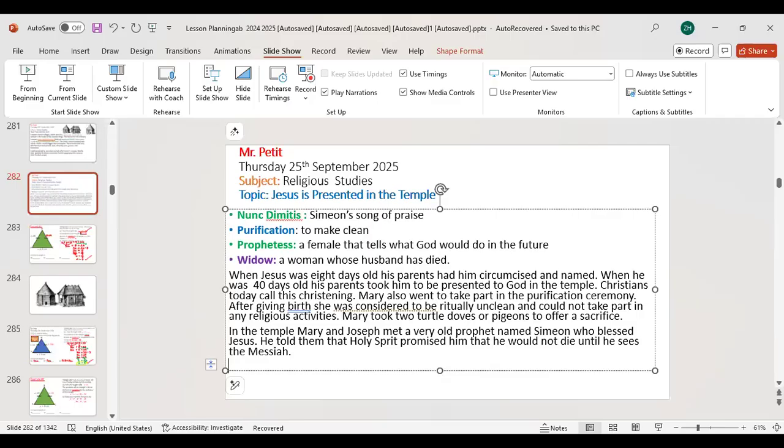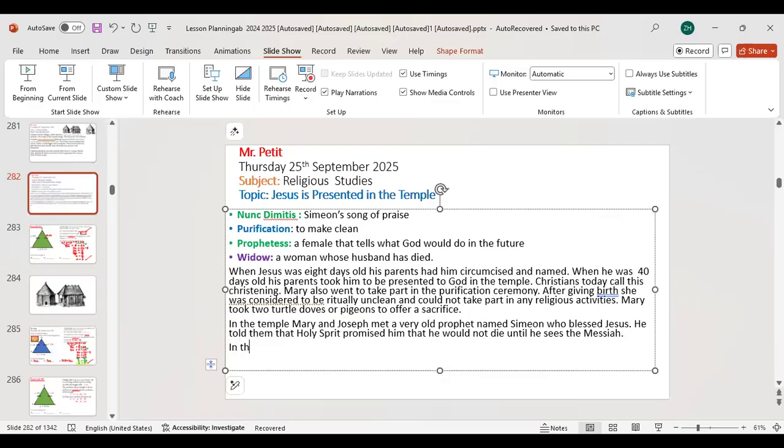And in the temple, they also encountered another person, a lady named Anna, who was a prophetess, about 84 years old.